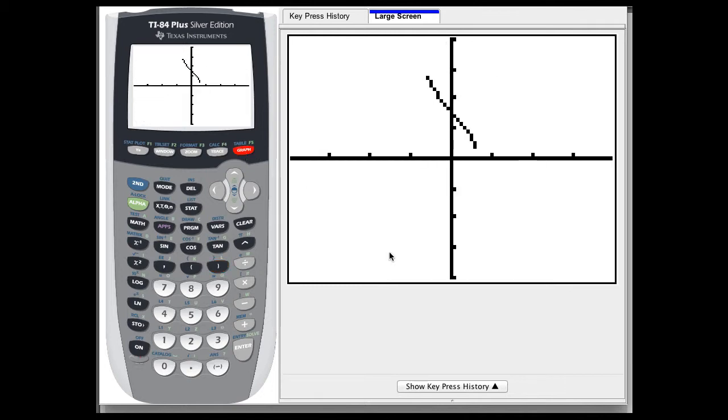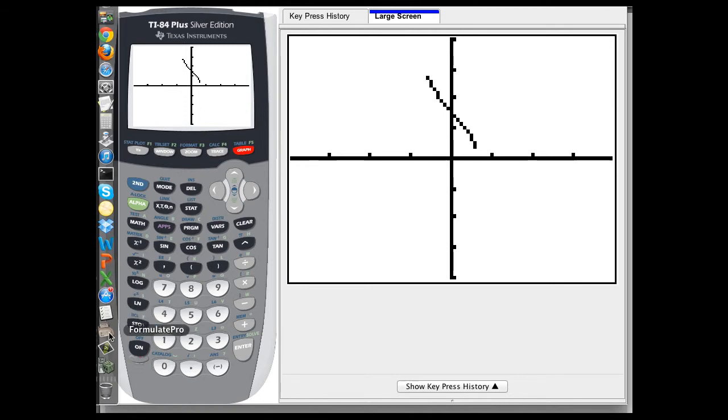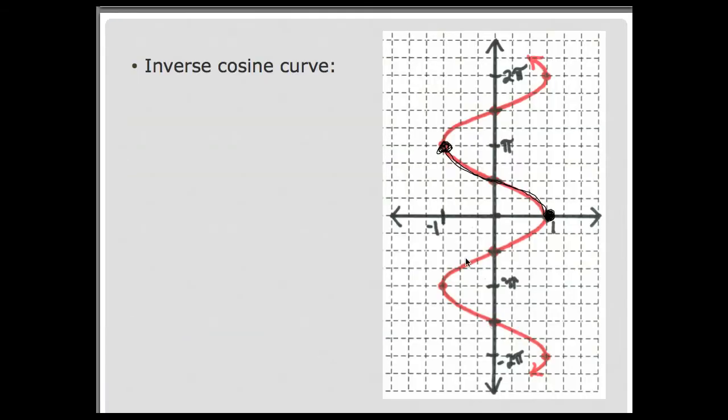All right, and there's that little segment that we saw. Remember on your calculator here, the little hash marks that you see along the x-axis, they do not correspond to like 1, 2, 3, 4. So just keep that in mind, okay? In case you're wondering. So let's get from this the notation that we're going to see, all right?